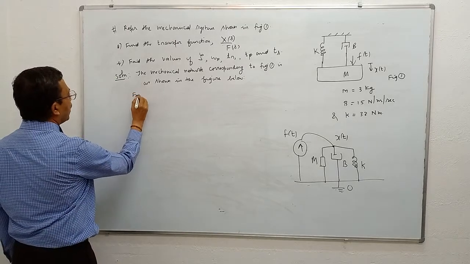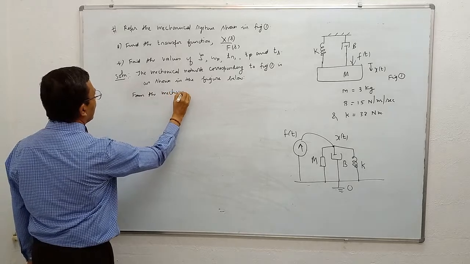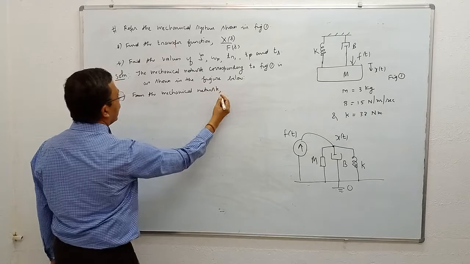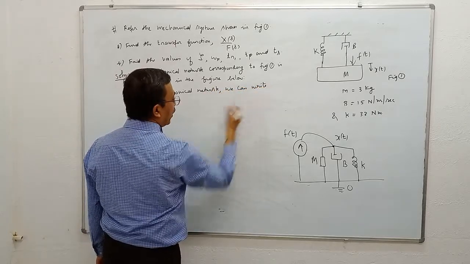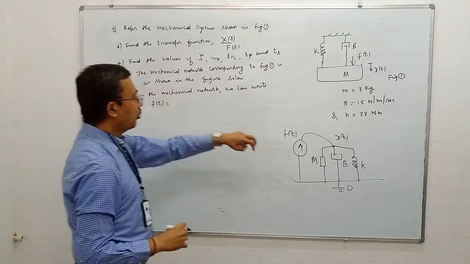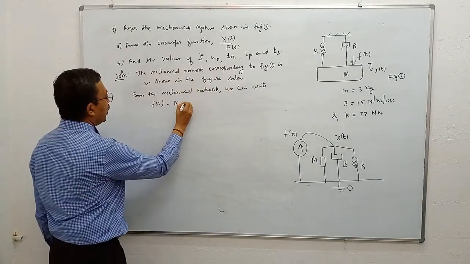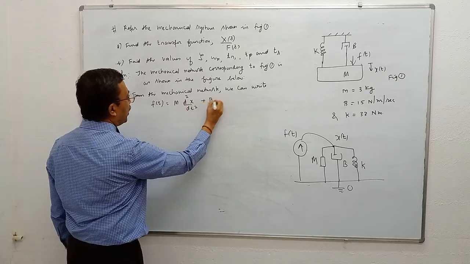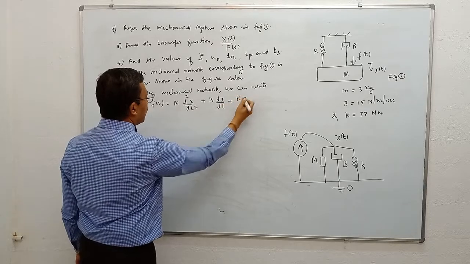From the mechanical network, we can write F of t is equal to the sum of the forces leaving: m into d square x by dt square plus b into dx by dt plus k into x.